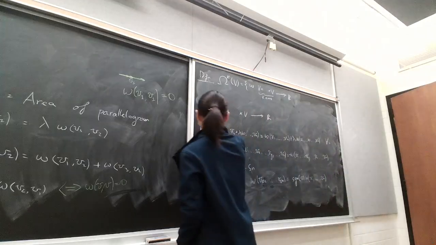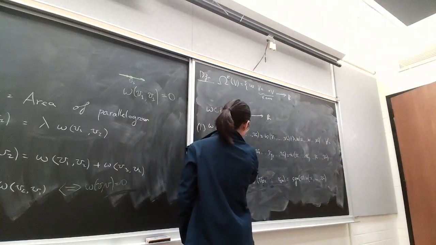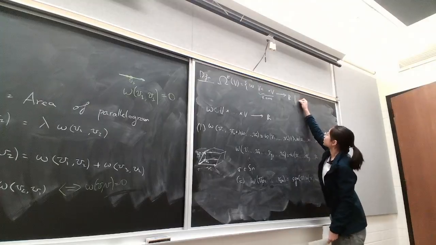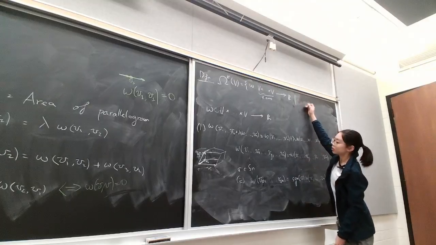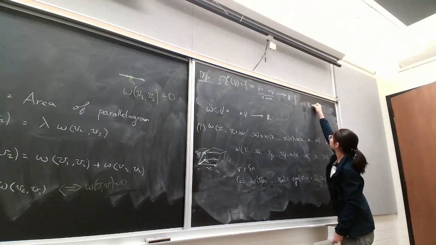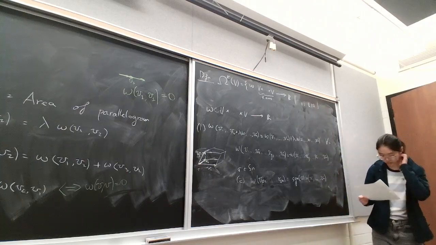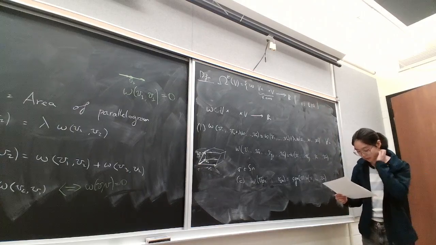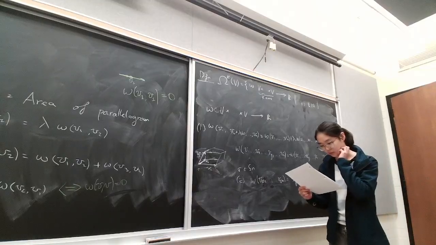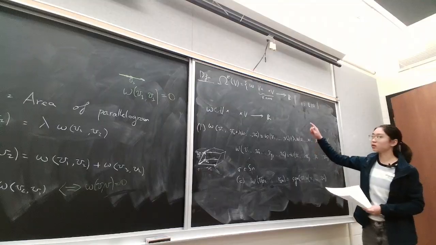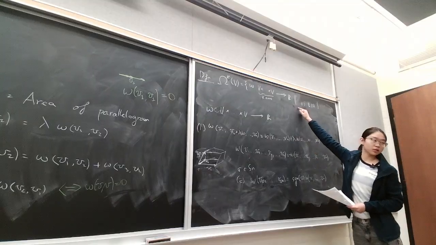Let's call them 1 and 2, such that 1 and 2. Okay. And now we will try to find a basis. So notice that this forms a vector space.